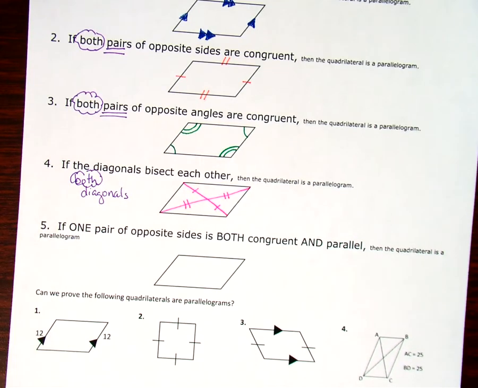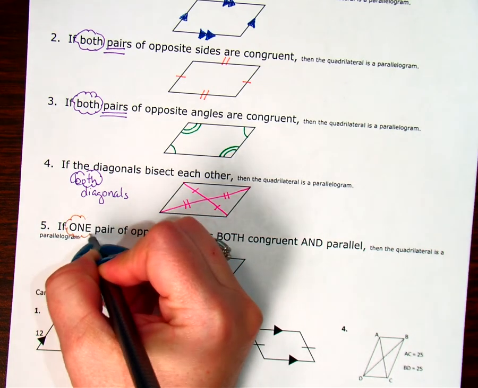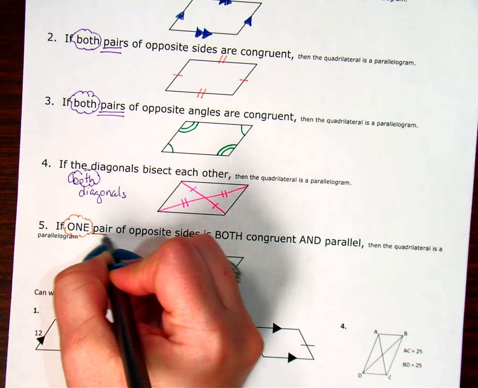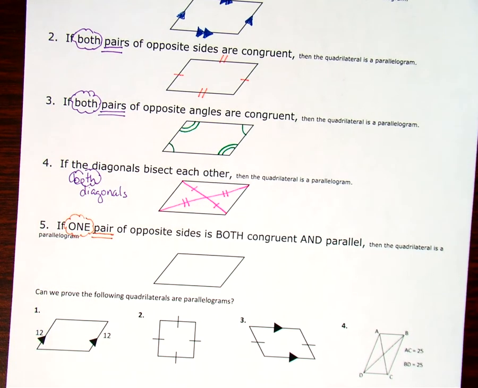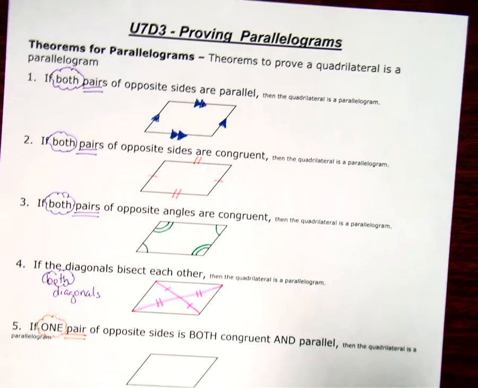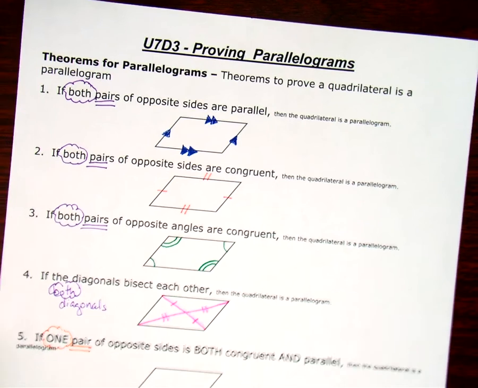And then the last one here, if one pair, so notice this time we're a little bit different. We had both pairs of opposites, both pairs of opposites, both pairs of opposites. We had both diagonals.